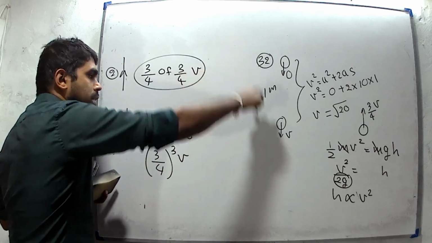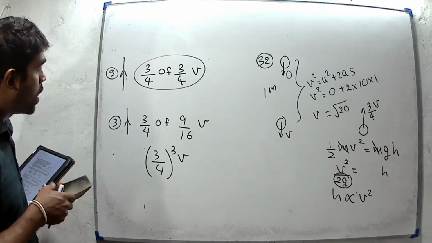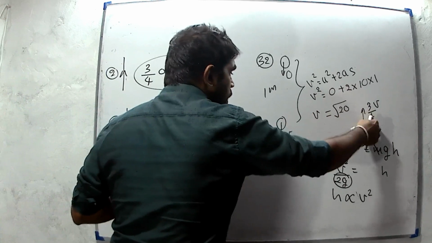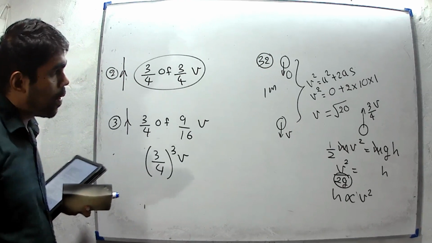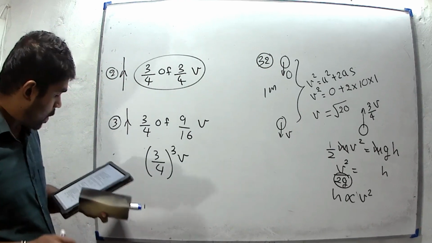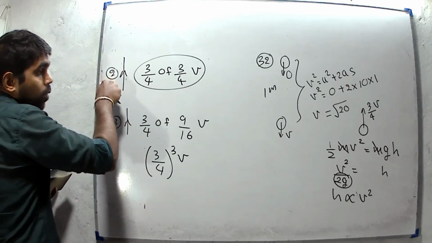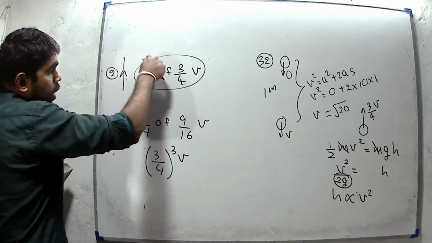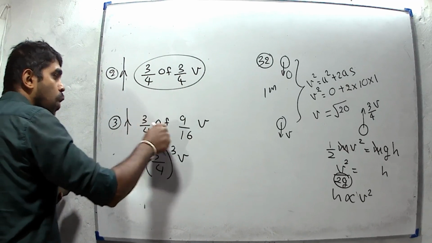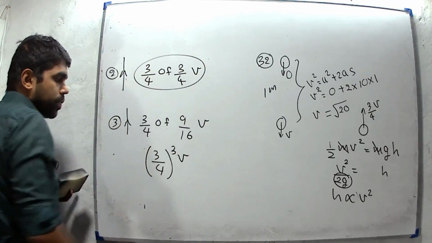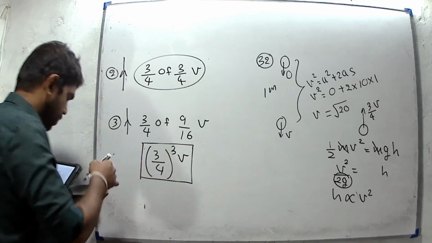If v is the final velocity colliding with the floor the first time, then for the first rebound the velocity is 3 over 4 v, for the second rebound it is 3 over 4 of 3 over 4 v, and for the third rebound it is 3 over 4 of this value.